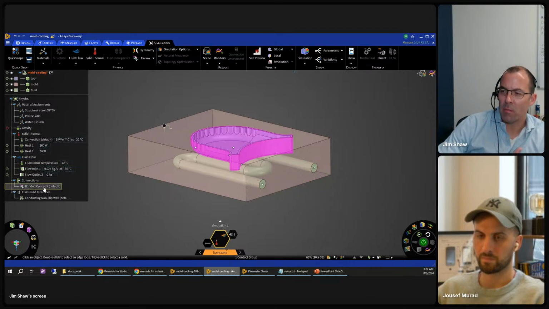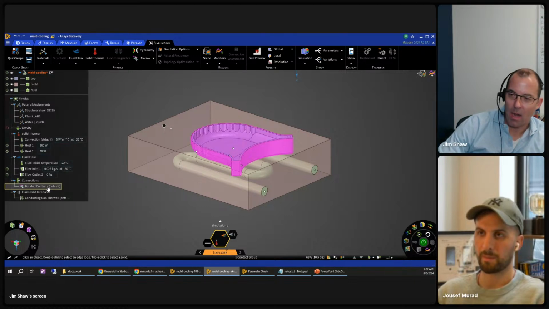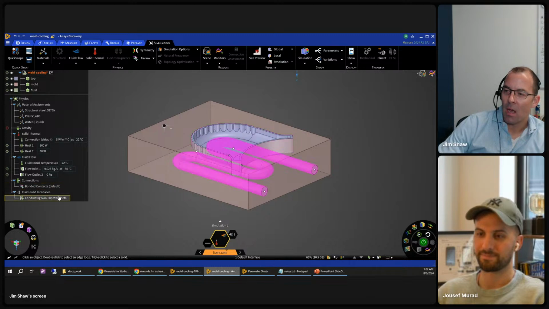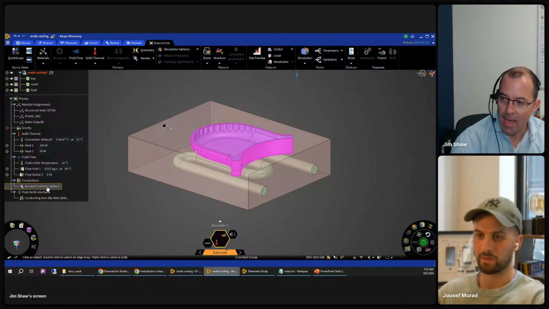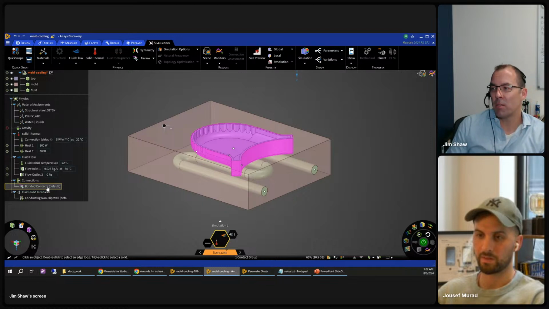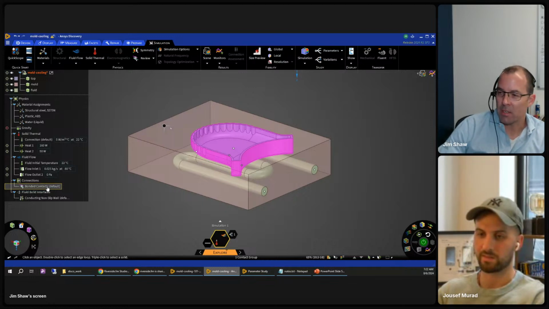Automatically, for those who are familiar with doing analysis on assemblies, we have to maintain some sort of interface or connection, if you will. And again, this was all automatically created. I didn't have to press any buttons for this. It's an automatically created bonded contact between two solids, which in our world means you're going to conduct from the part to the mold with no temperature rise. If I wanted to, I could edit this right now and say there'd be a small temperature rise, but in this application, there isn't.